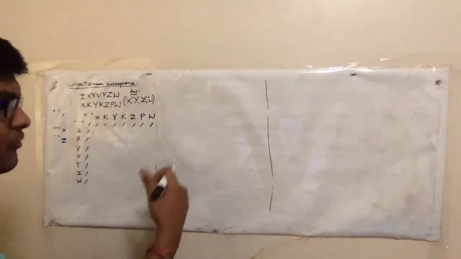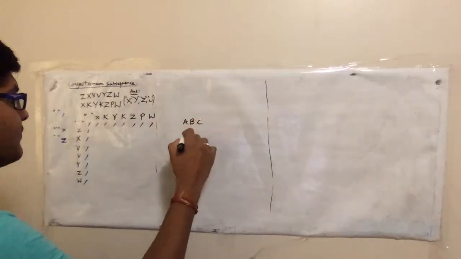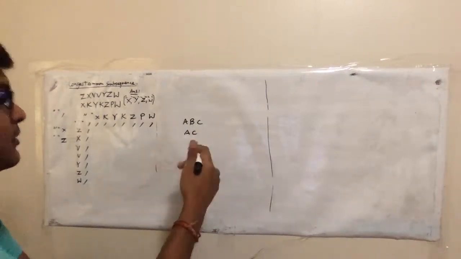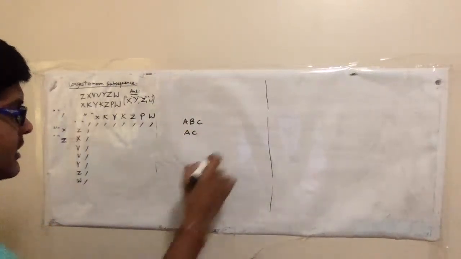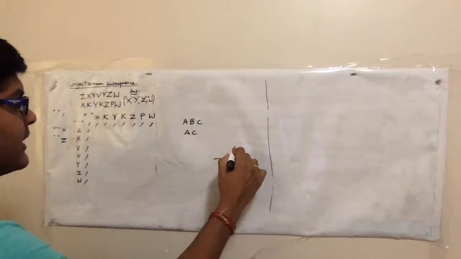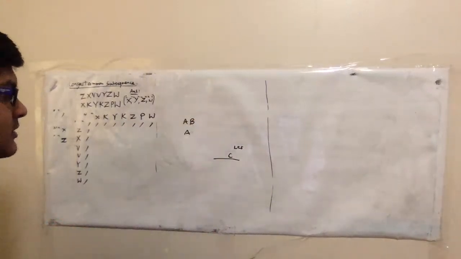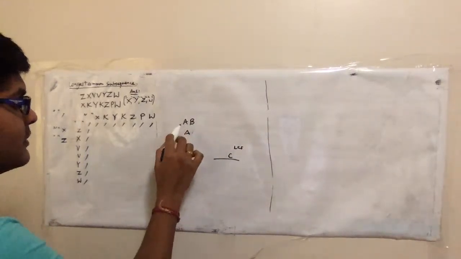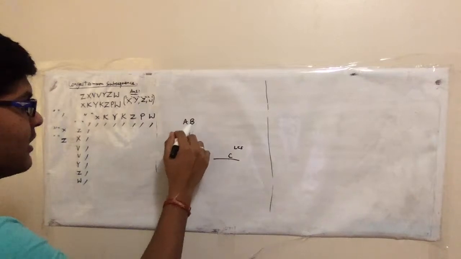But what is the algorithmic way here, I will tell. If there are two strings abc and ac, the approach is that we will take the last characters. If they are the same, we will append it to an LCS variable and remove that common character, then look at the remaining part of the strings and compare the last characters again.